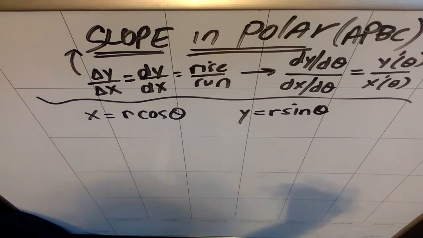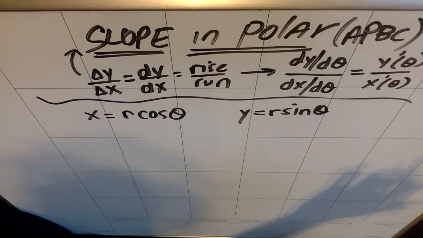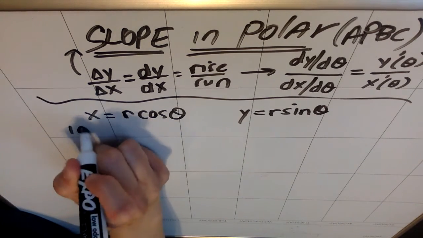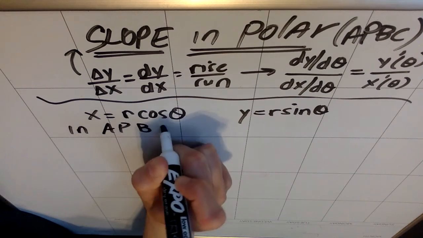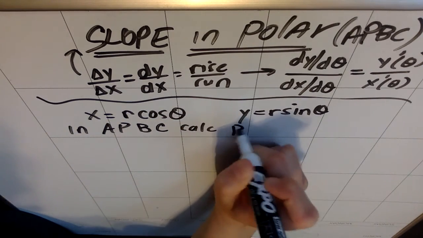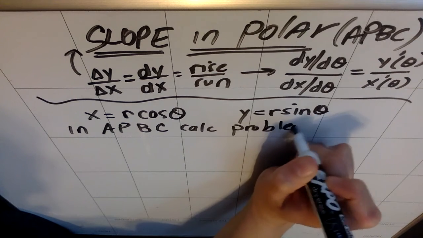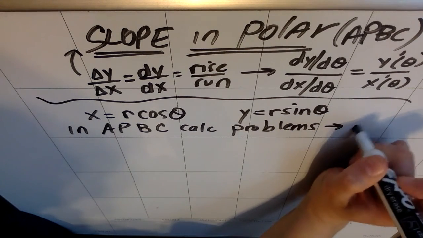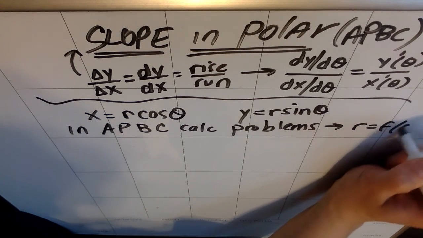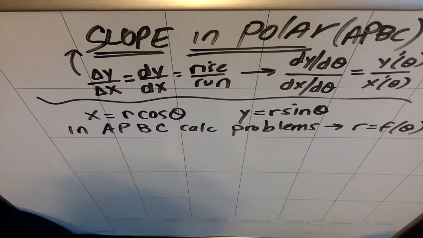Now that's fine, but your r is also a function of θ. In AP BC calc problems, our r is usually some function of θ. It's not just a radius of 5. This isn't a circle that always has the same radius.